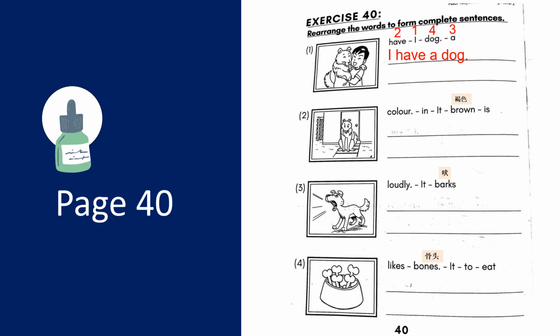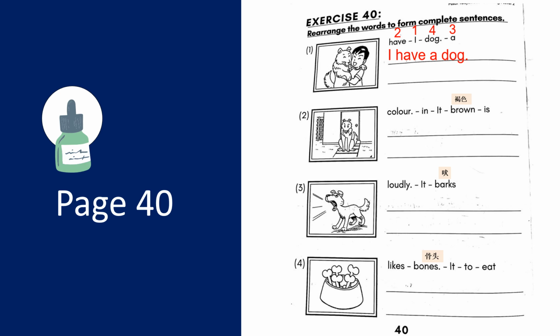Then look at number 3. Loudly 就是大声。It, box. So you do not know the meaning of box, 没关系。Subject, verb, and then you write. There are 3 words only. Okay, you can write this on your own.